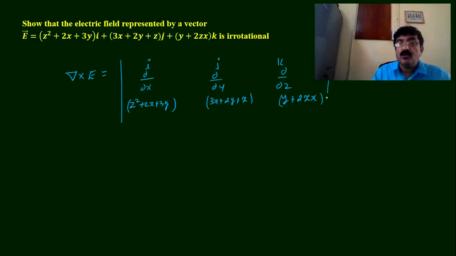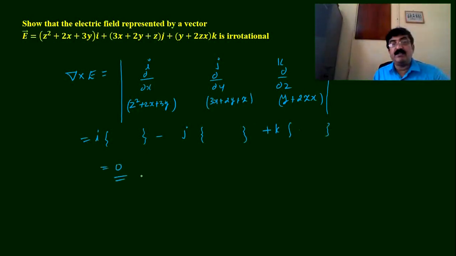Okay, so you know how to simplify this. So that is i into something minus j into something. What is that something? You know, plus k into something. Finally you will get the answer as 0. So if the answer is 0, the given vector is irrotational.